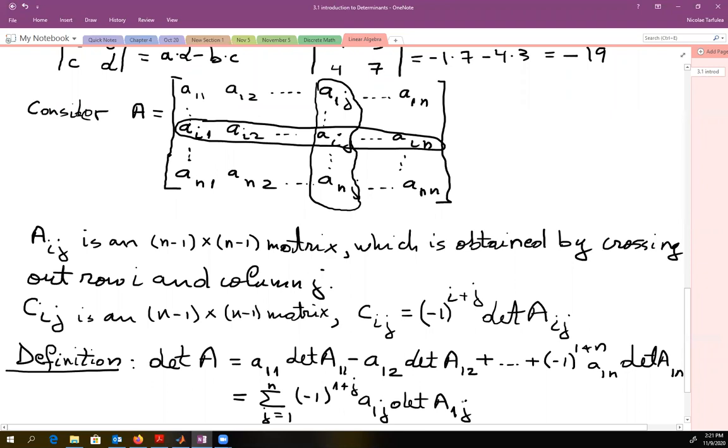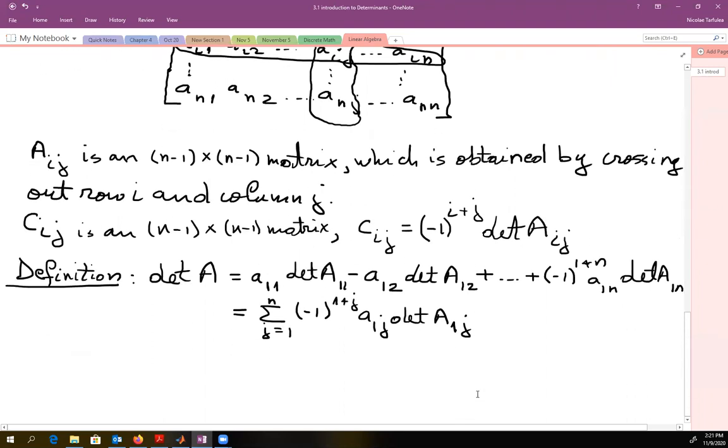Okay, all right. Now let's see an example, because otherwise these things can become really unappealing. So here is an example. Let's compute this determinant, a 3 by 3 determinant.